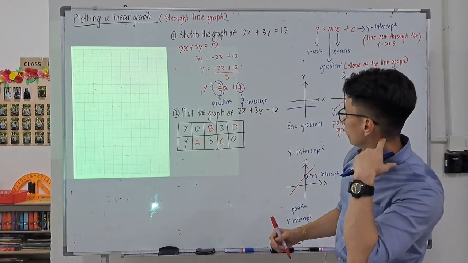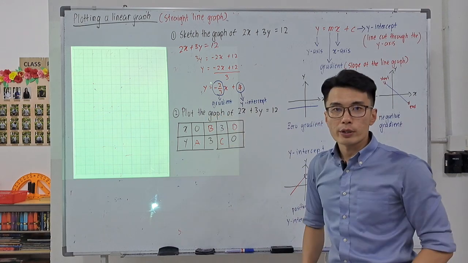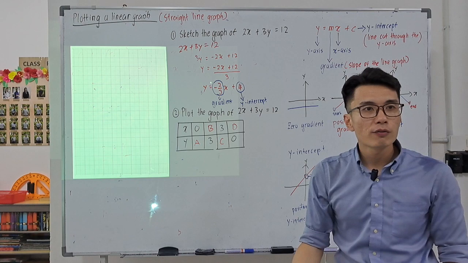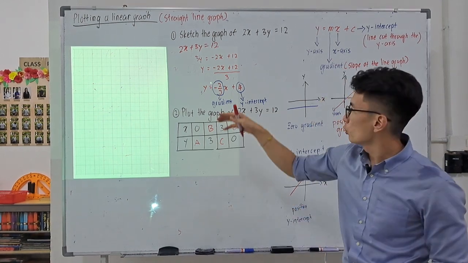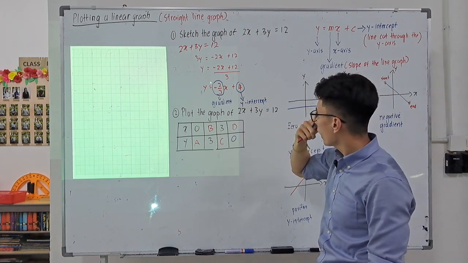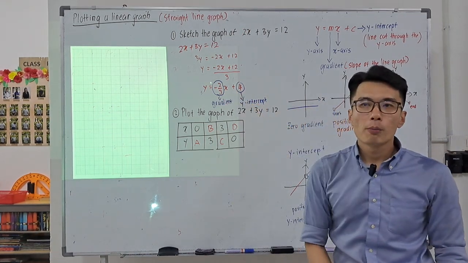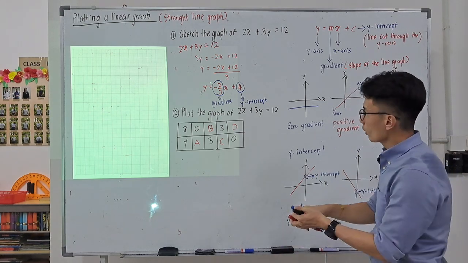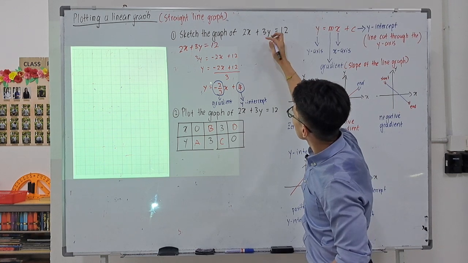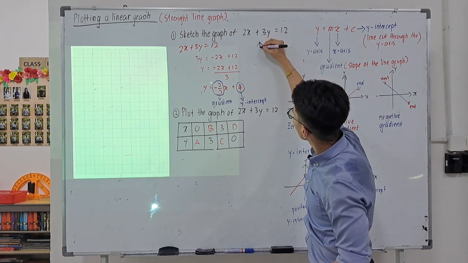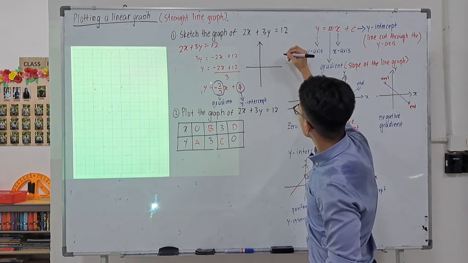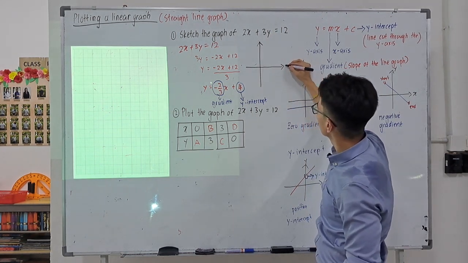So what can I do over here? I know it's a negative gradient, all right? Disregard the fraction. All we need to know is whether it's positive or negative. So we know it's a negative gradient, so the slope is coming downwards. And as it comes downwards, it should cut through positive 4 at the y-axis. So if I were to sketch the answer out, let's just say over here, that is going to be my x.